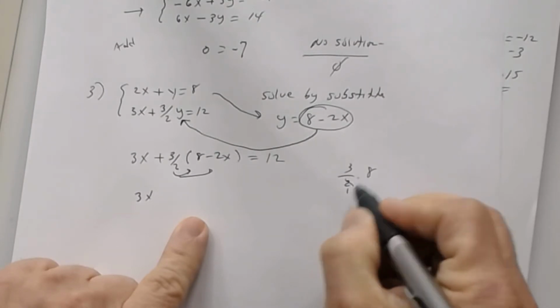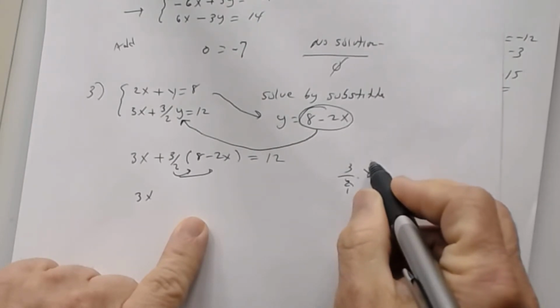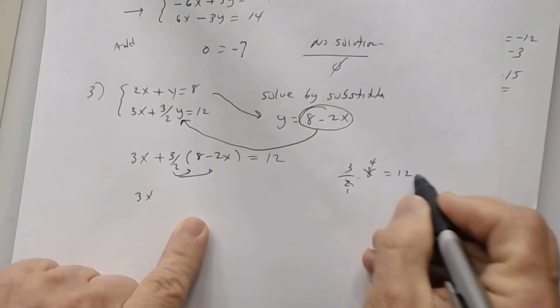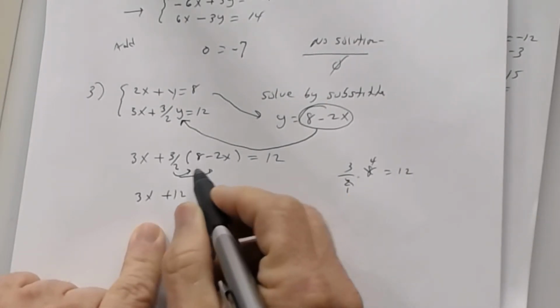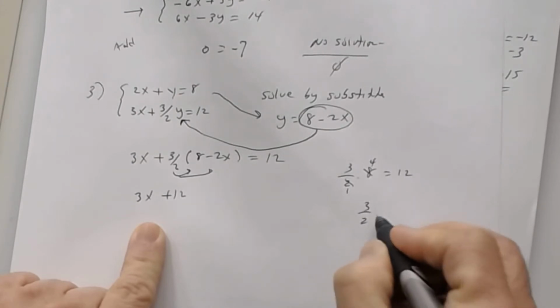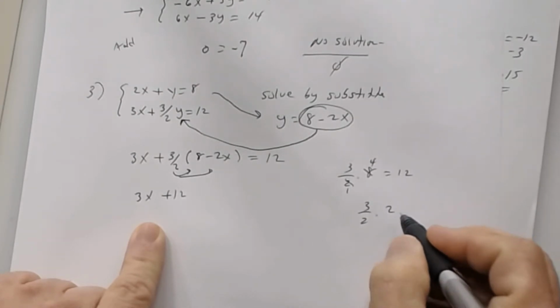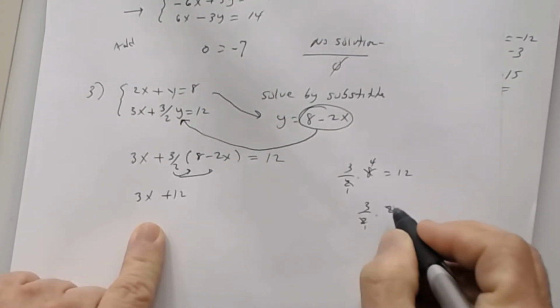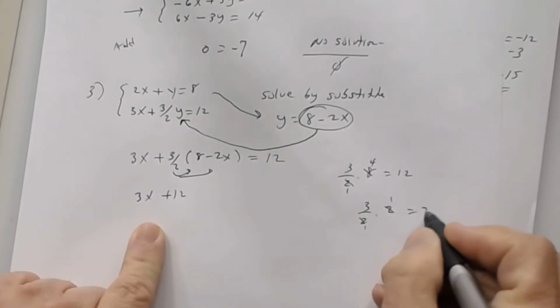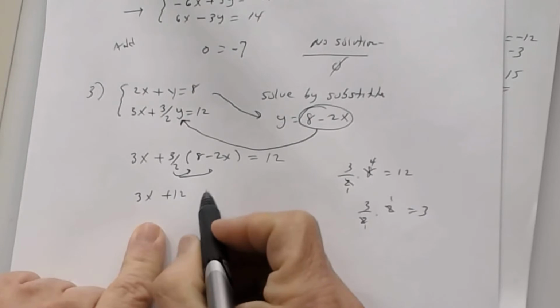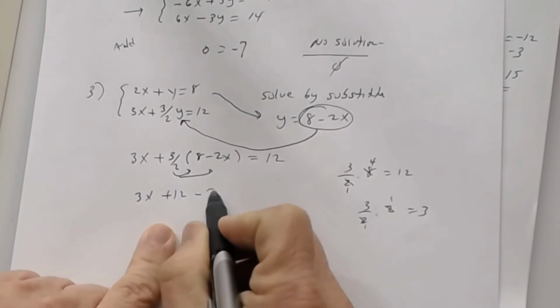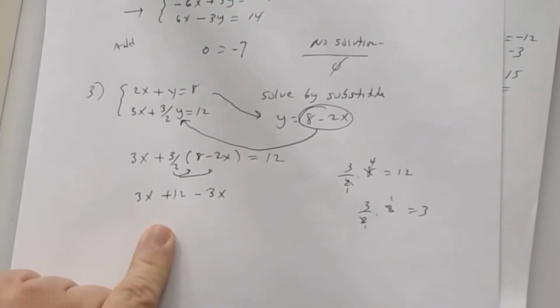Right. 2 into 8 is 4. 3 times 4 is 12, right? So that's 3x plus 12. What is 3/2 times 2? It's 3. So what is 3/2 times a -2x? Negative 3x, okay, equals 12.